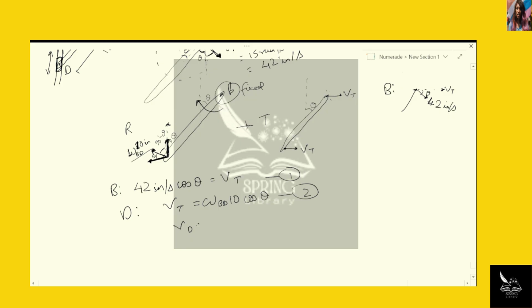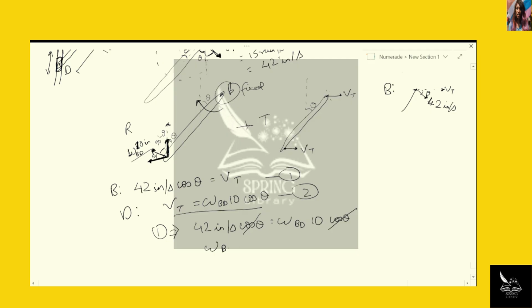And then finally, the velocity of point D is going to point along vertical. Let's actually write down Vt first, because from this equation we can get Vt, and then we can take care of the vertical components, which will give us the velocity of point D. So from 1 we get 42 inches per second cos theta equals omega BD times 10 cos theta.